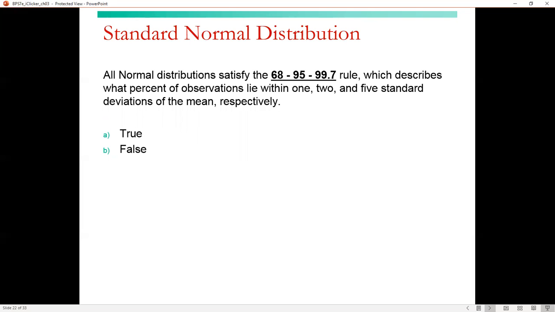All normal distributions satisfy the 68, 95, 99.7 rule, which describes what percent of observations lie within 1, 2, and 3 standard deviations of the mean respectively. That's false as stated with 5; it is between 1, 2, and 3 standard deviations of the mean respectively.